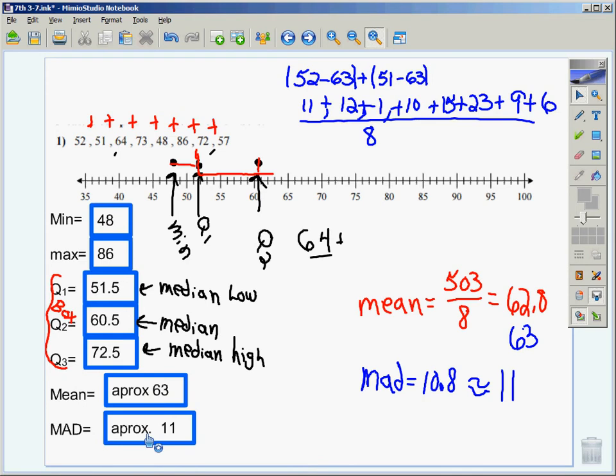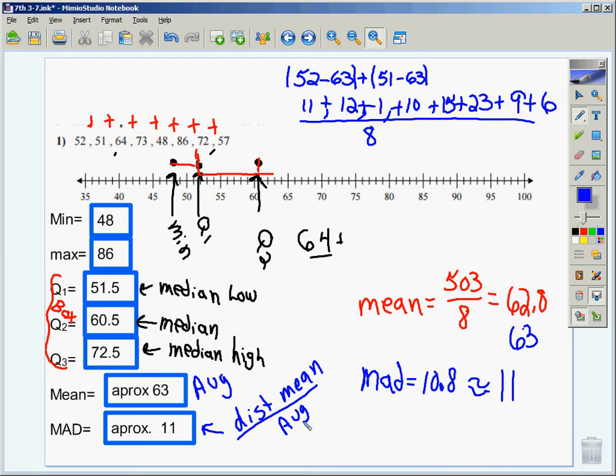And then the mean and the MAD: the mean is an average, and the MAD is the distance from the mean. So we're going to find the mean and MAD like we did Friday. Yes, on some of them. And on all of them, you're going to do the box plot. Okay? Everybody good with this example?